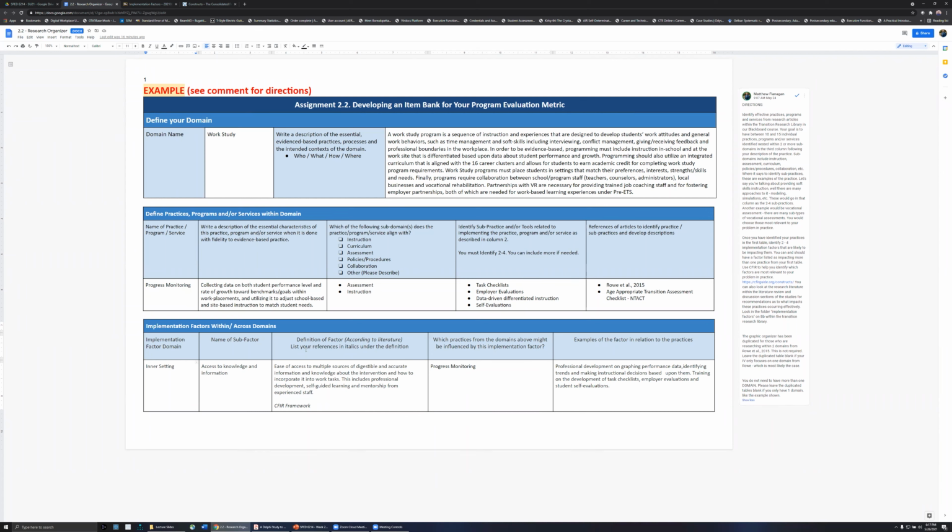So you'll pick an article that relates to your domain and to the practices that are now fleshed out in these rows here. I have progress monitoring, but you'll have 10 to 15 of them. And once you've done that, you're then going to say, okay, what are those big, most pressing factors that influence the practices, programs, and services that I've identified? What is the literature telling me that is really impactful on this?